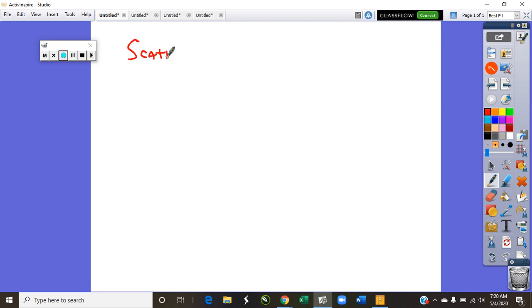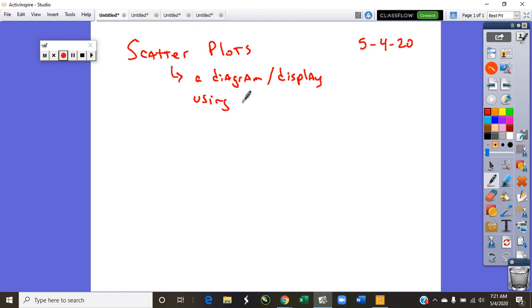Okay, so we're going to start today. These are what we call scatter plots. Many of you may not have ever heard of this before. Okay, this is May 4th. So scatter plots, basically, is a diagram or display, if you'd rather say that, a display using coordinates to show values.